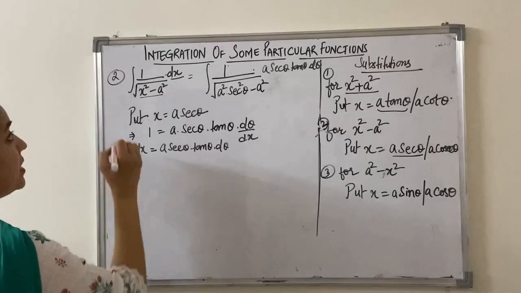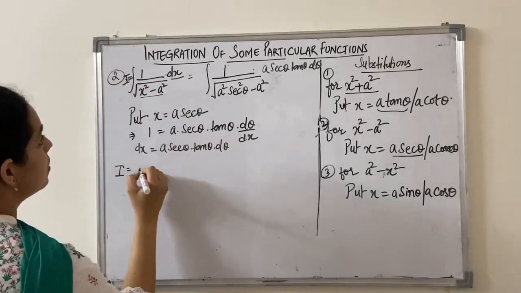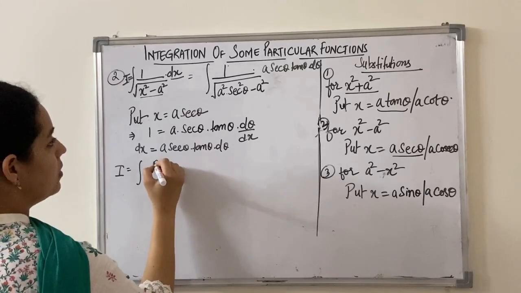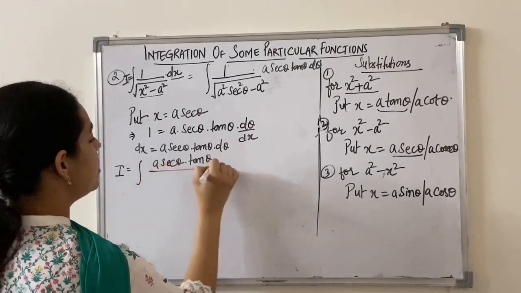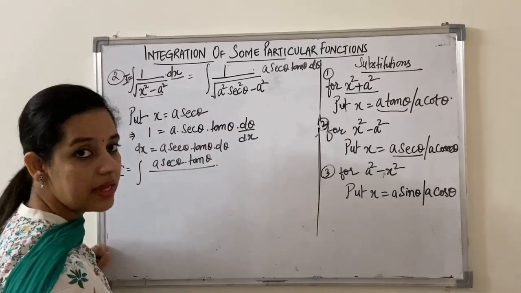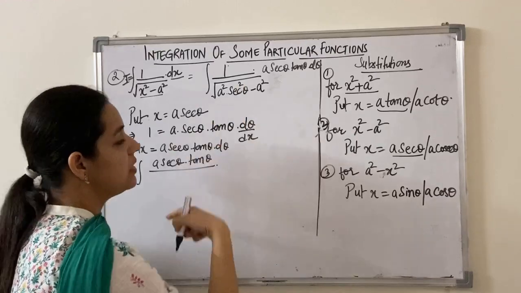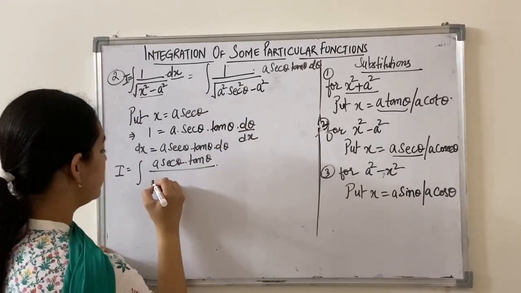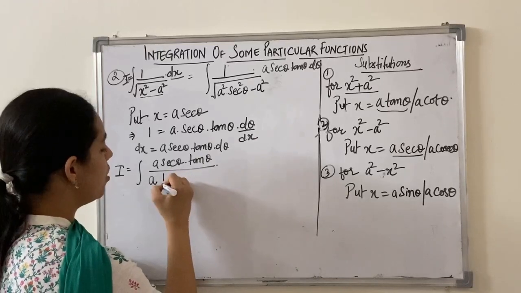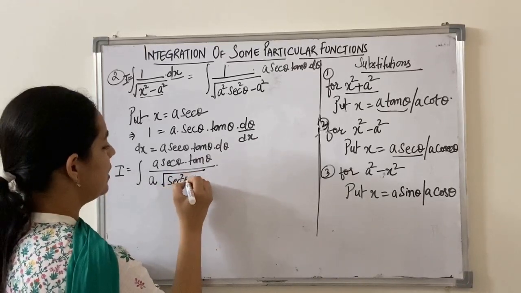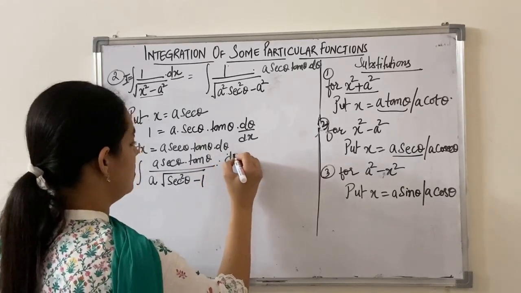So now my integral I becomes equal to a secant theta into tan theta, and from the denominator I can take a square as common, which will come outside the square root sign to give you a, and inside the square root we have under root of secant square theta minus 1 d theta.